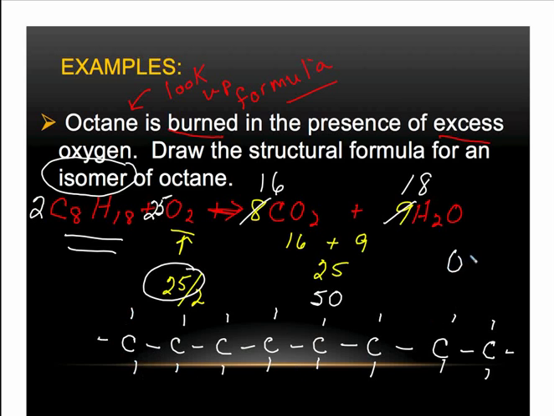Now, this does not have a functional group like an OH or a Br or something like this. So I think the easiest thing to do, because there's many isomers of octane, is to simply erase an end. Okay, we can erase 2, no big deal there, and move them to the middle.